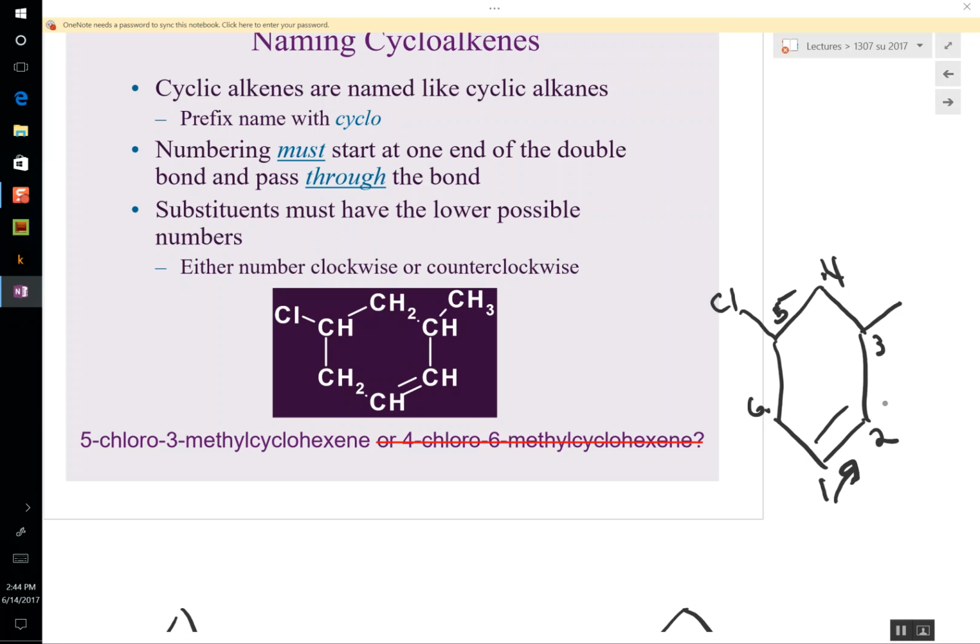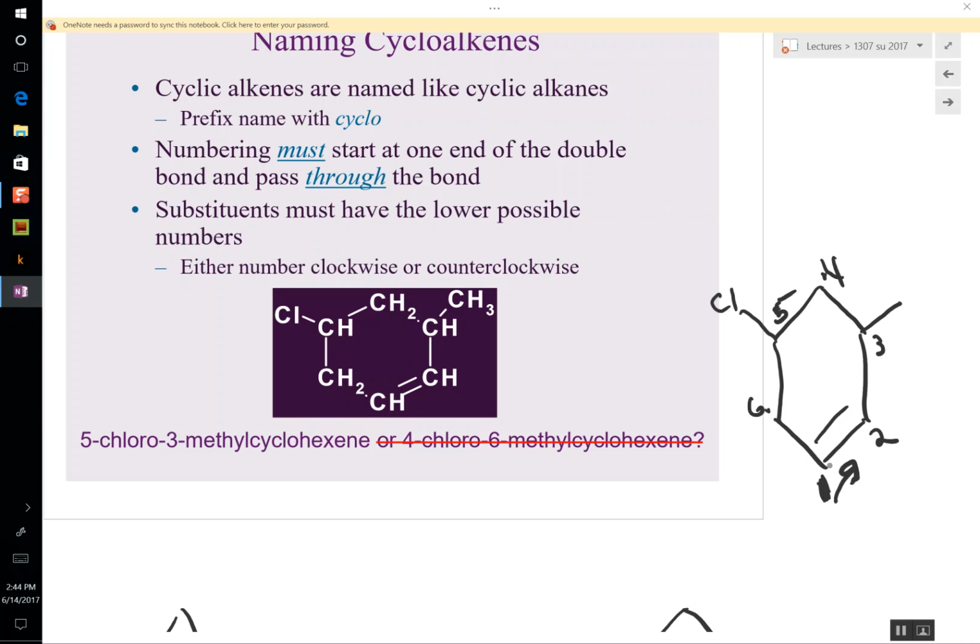So if we start here with that as 1. Numbering must start at one end of the double bond and pass through the bond.